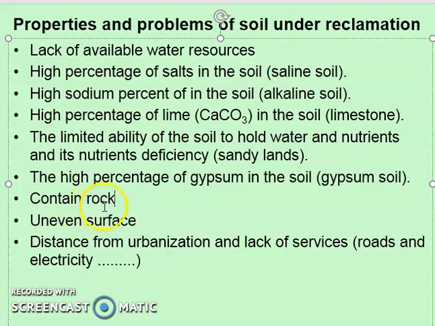Also uneven surface, distance from urbanization, and lack of services, roads and electricity. So these are the most important points you may face during cultivation processes.